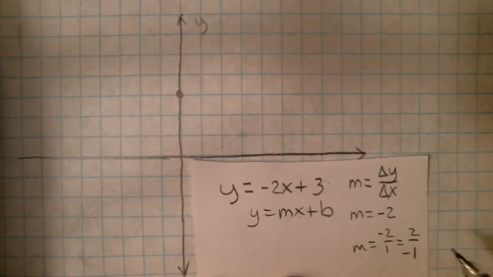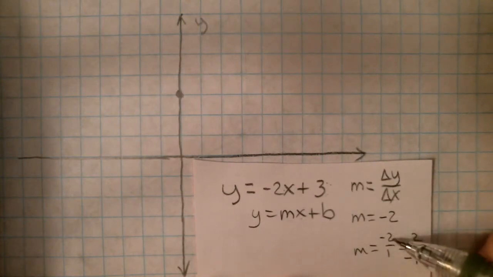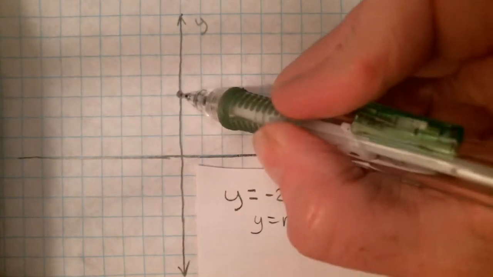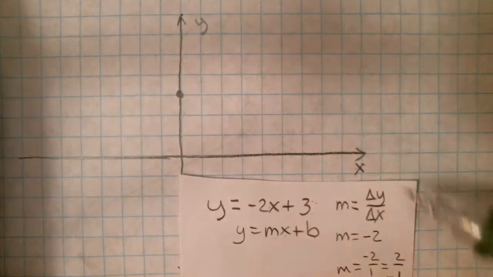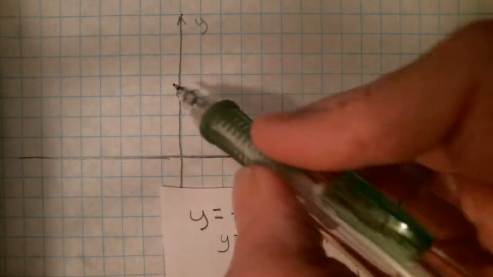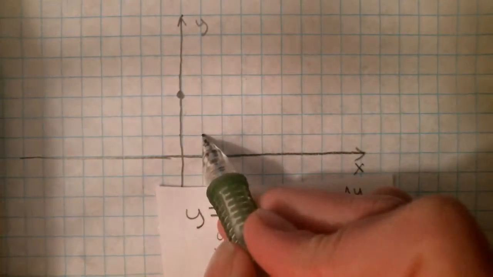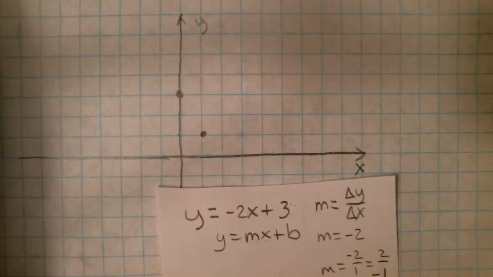All right, well, if I write it as negative 2 over 1, then I'm saying my change in y is going to be down 2. So I start at my y-intercept, I go down 2, and then my change in x is a positive 1, so I go to the right 1. So down 2 from my y-intercept and to the right 1, and there's another point on my line. And with this, I can draw my line.